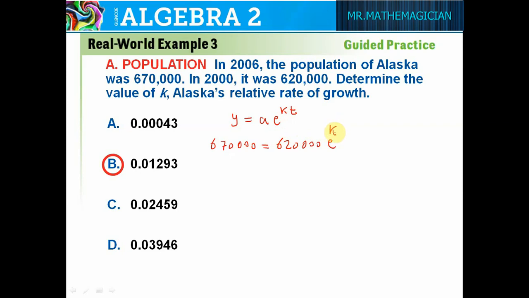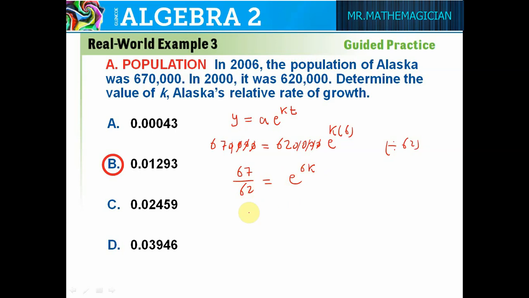We don't know the k, but we know that t from 2000 to 2006 means 6 years. So we can cancel 4 zeros with 4 zeros, and then divide by 62 for both sides. So 67 over 62 equals e to the power of 6k.